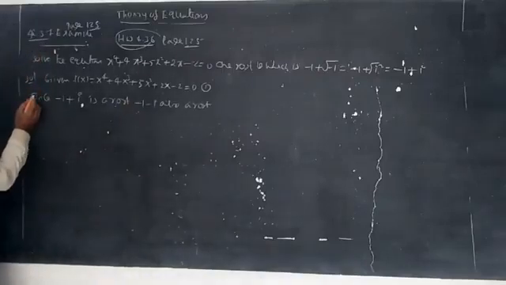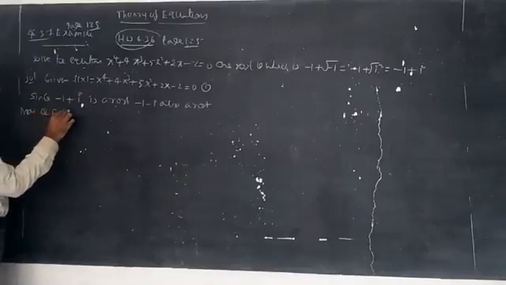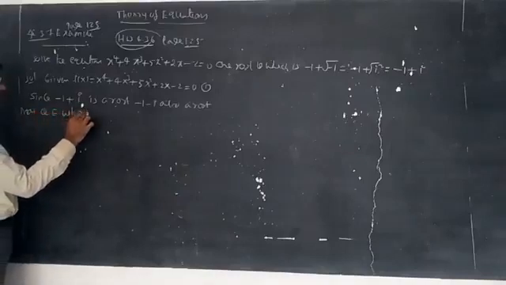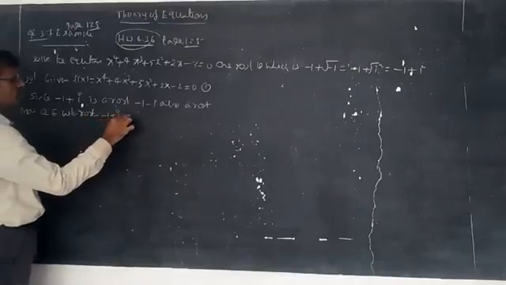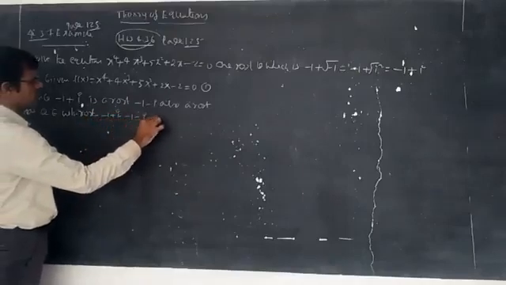Now you should form the quadratic equation with roots -1 + i and -1 - i.